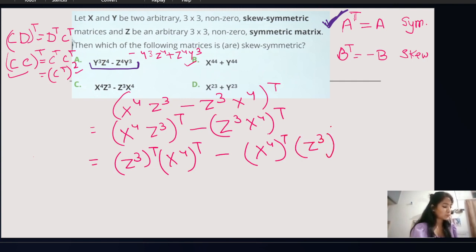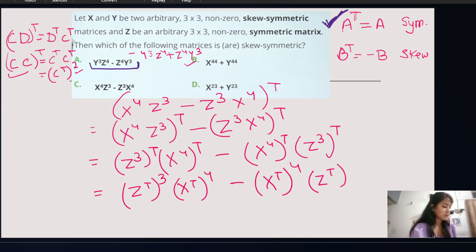Okay, so from here we are getting Z transpose, 3 will come outside by this property, this 2 will come outside, and here again 4 will come outside, and this 3 will come outside. So from here the transpose of Z will be Z, because this is the symmetric matrix, and the transpose of X will be negative X, but here it is a power, so minus X^4 will be X^4, right?